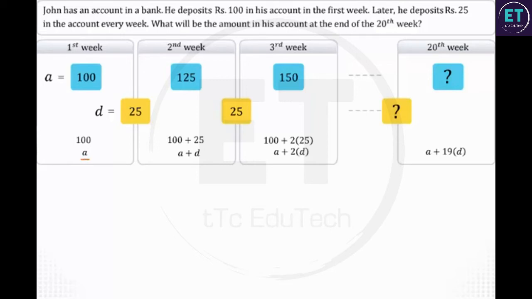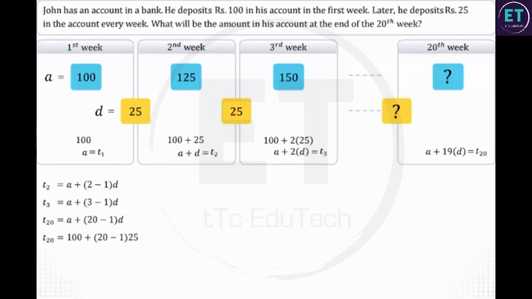If you denote the first term, A, as T1, the second term, A plus D, as T2, the third term, A plus 2D, as T3, and so on, then you get T2 equals A plus 2 minus 1 multiplied by D, and T3 equals A plus 3 minus 1 multiplied by D. You can generalize this to get the 20th term, which is A plus 20 minus 1 multiplied by D.